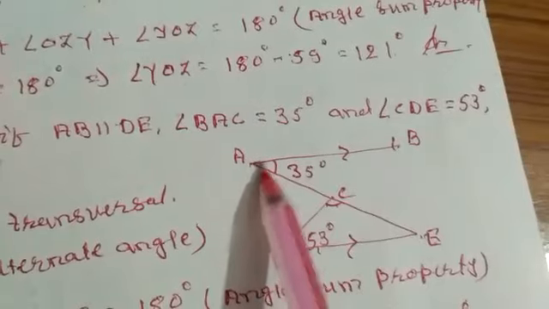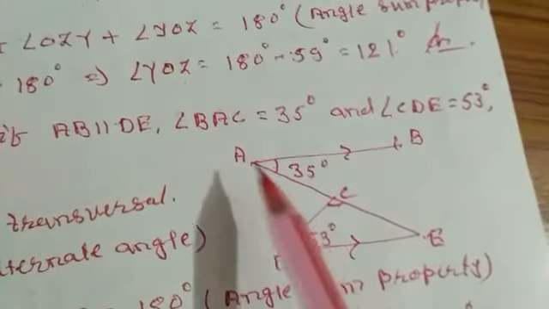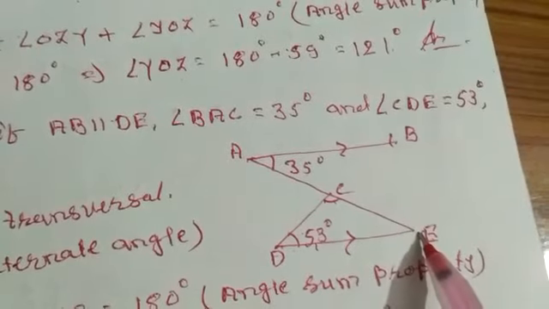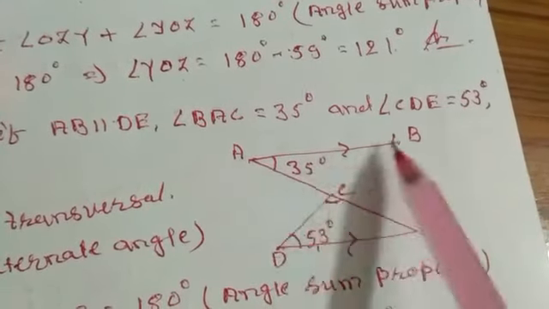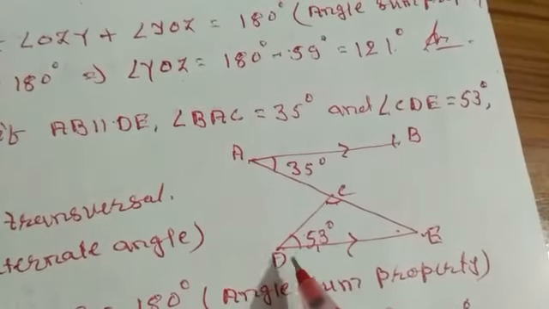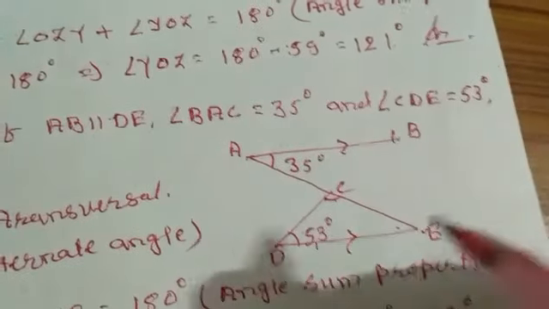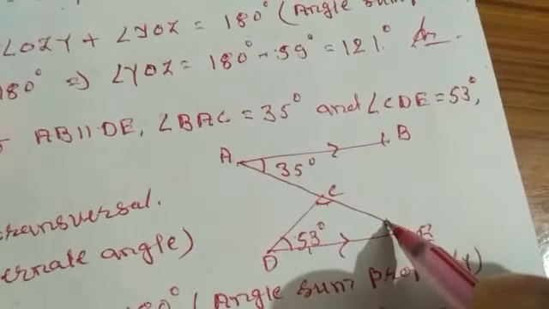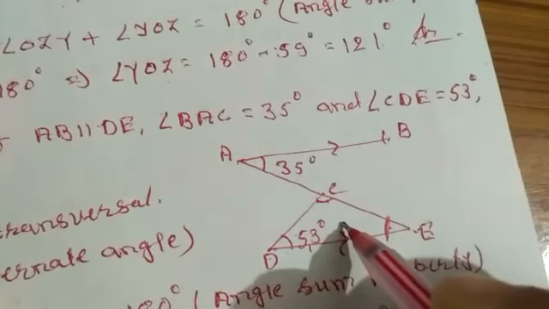Students, here AB is parallel to DE and AE is transversal. So angle BAE is equal to angle DEC. This is due to alternate angle. So this angle will be also of 35 degree.